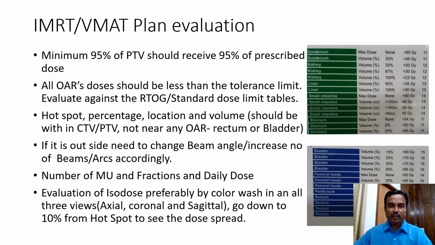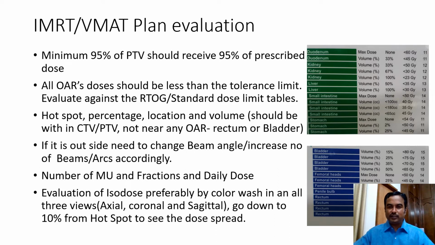So when we talk about the VMAT or IMRT plan evaluation, it is like 3D CRT evaluation only. But here we are very much bothered. We will not compromise on the coverage of PTV. Here the minimum requirement is 95% of PTV should receive 95% of prescription dose.